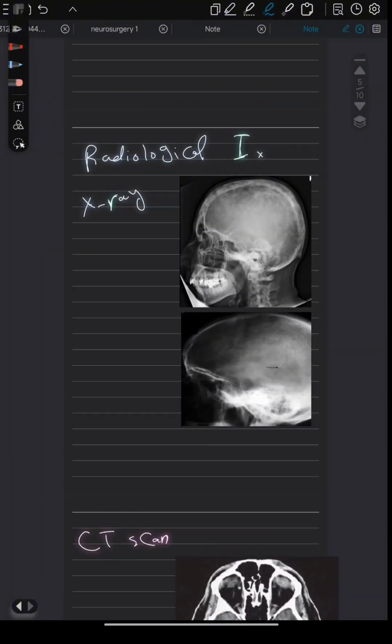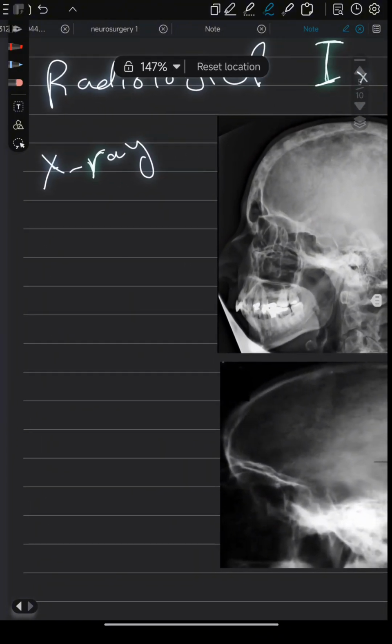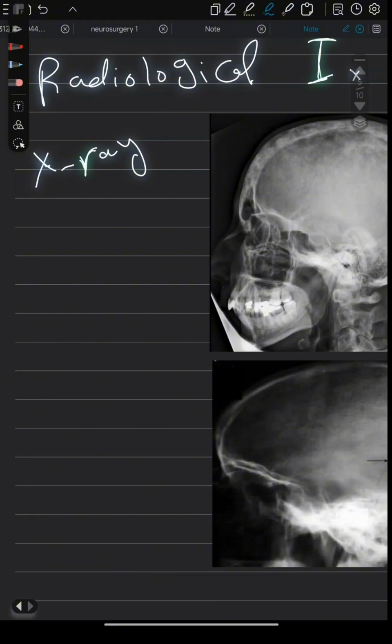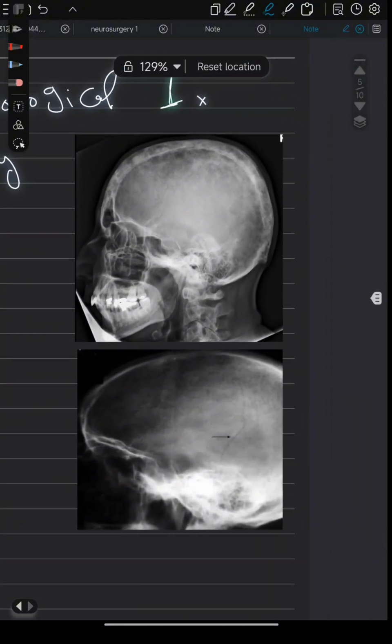Imaging is one of the most important tools in neurosurgery. Let's compare the three most commonly used techniques: X-ray, CT scan, and MRI. Let's start with X-ray. X-ray is basic but limited. It's used for skull fracture, as we see here.